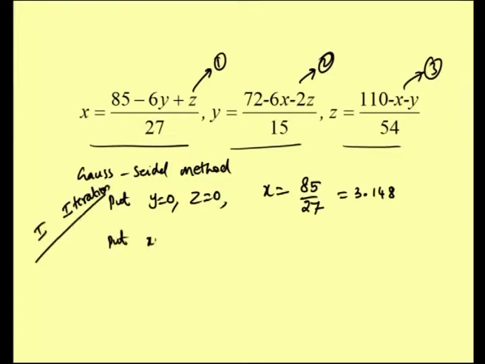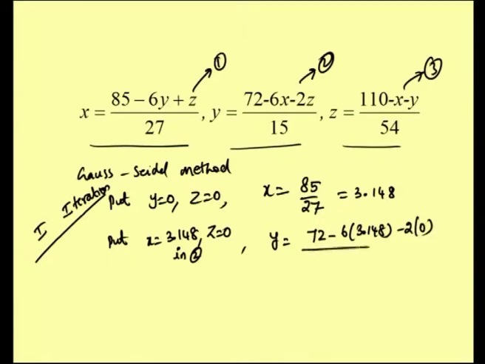Then you have to put x is equal to 3.148 and z is equal to 0 in equation 2 and find out the y value. So, y is equal to 72 minus 6 into 3.148 minus 2 into 0 divided by 15, and this value comes to be equal to 3.541. Okay.